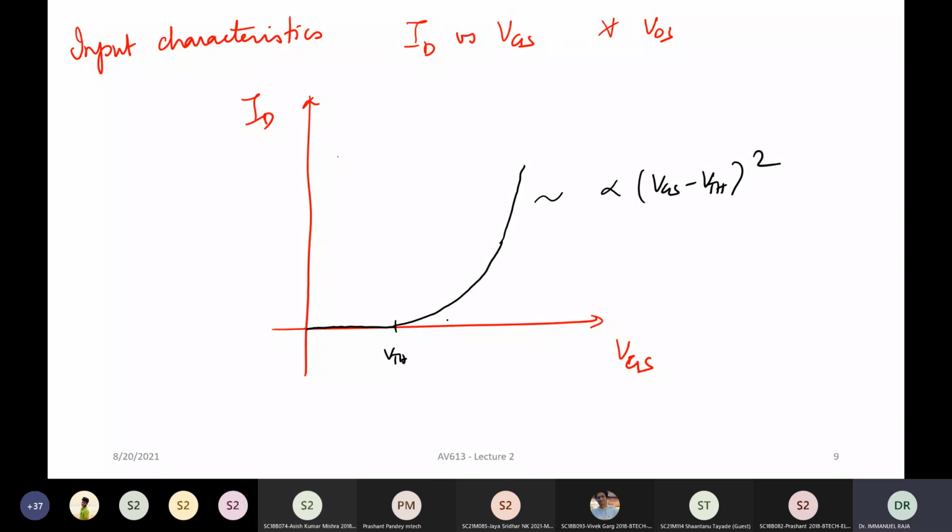Typically this is plotted for a VDS which is really large, which means that it is pretty much always in saturation region. For example, if you keep VDS at 1 volt and sweep VGS from 0 to 1 volt, for a supply voltage of 1 volt, all through the sweep the device is basically in saturation region.